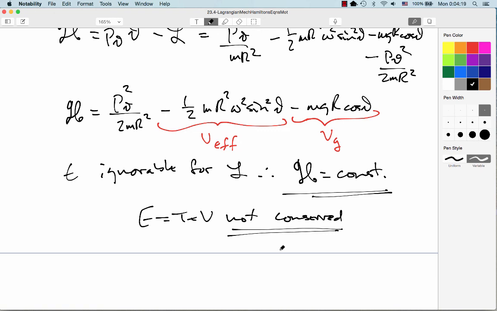So it's always important to remember, if t is ignorable, the thing that is conserved is the Hamiltonian. In many, many cases, especially when you're doing quantum mechanics or thermodynamics, you'll then just immediately say, oh, and the Hamiltonian is the total mechanical energy. But the reason why we don't just rewrite all these equations of motion replacing the Hamiltonian with the total mechanical energy is because the Hamiltonian is not equal to the total mechanical energy all the time.